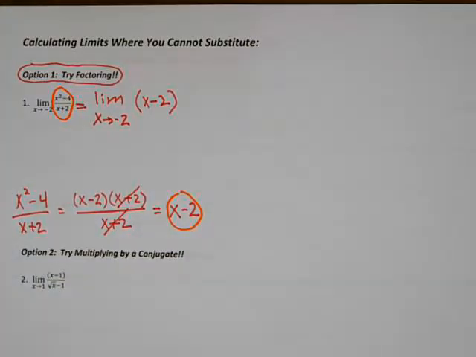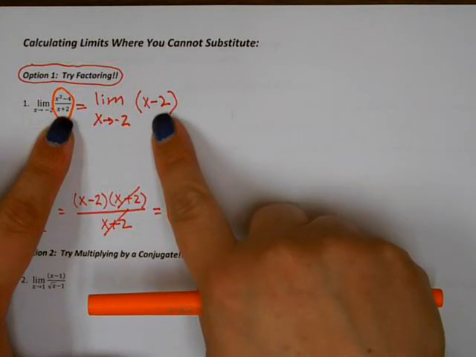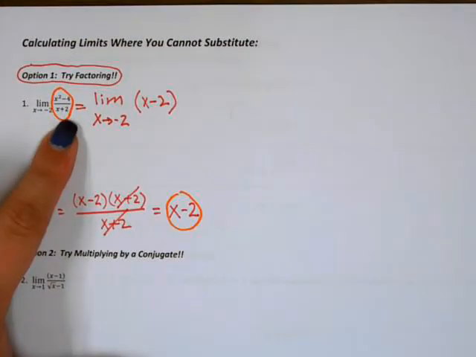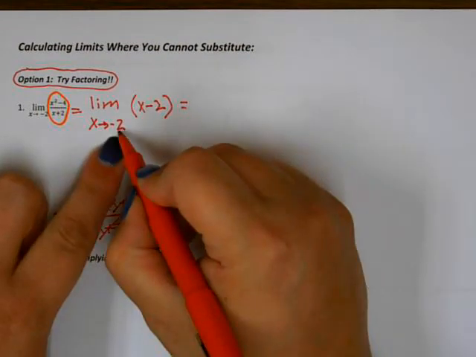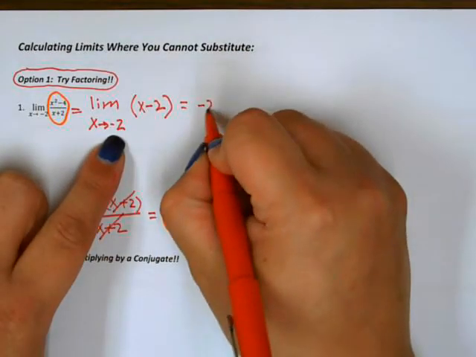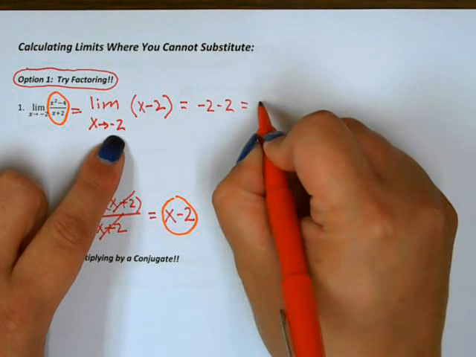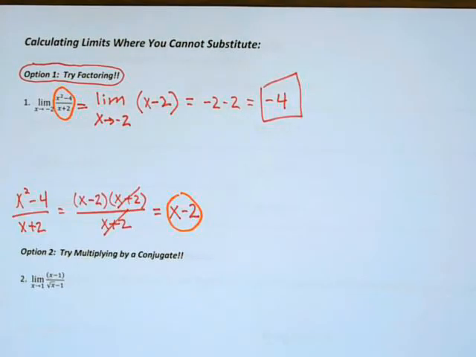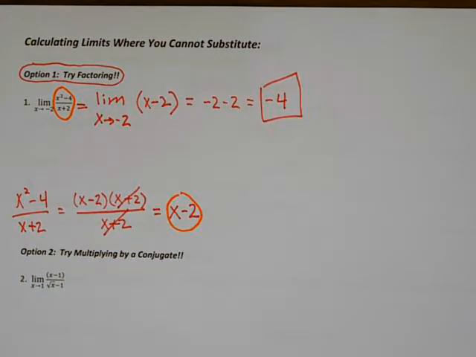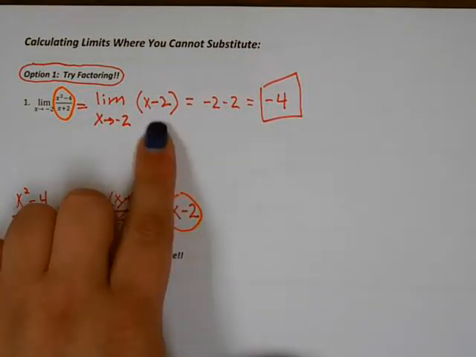And so I can take this function out and just put in this x minus 2. Well, now I can actually just substitute. So if I take my -2 and plug it in, I'd have -2 minus 2. That means that this limit is -4. So one option is to try factoring and then go ahead and try to substitute.